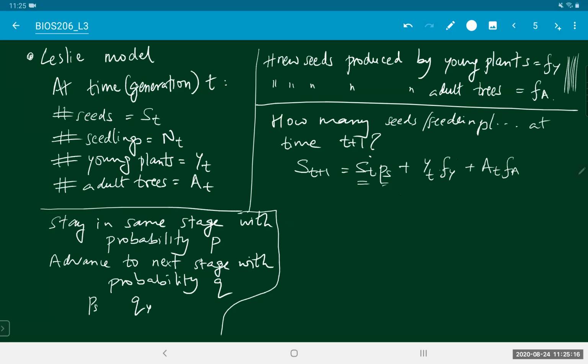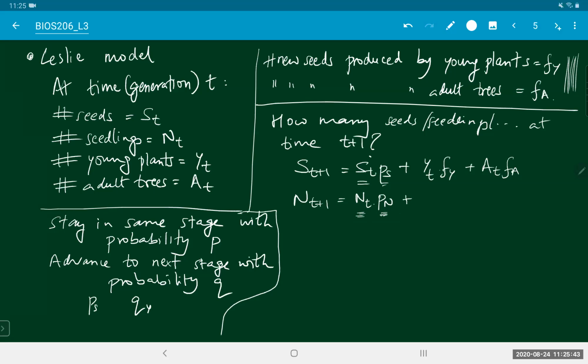How many seedlings are there in the next generation? There are some seedlings from the previous generation which stayed as seedlings. Number of seedlings in the previous generation multiplied by probability of staying in the same stage.